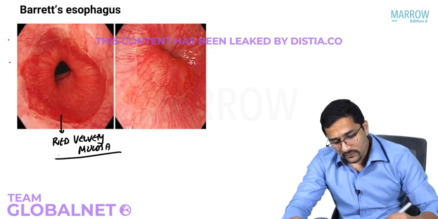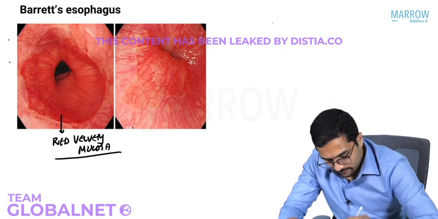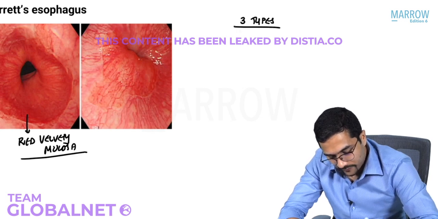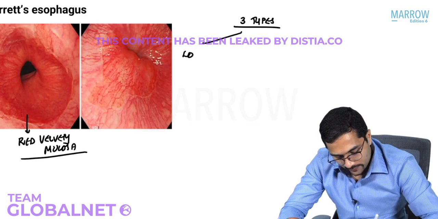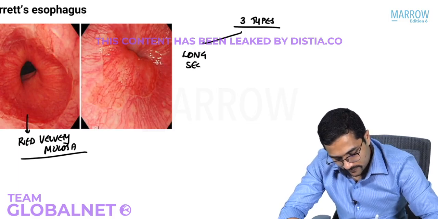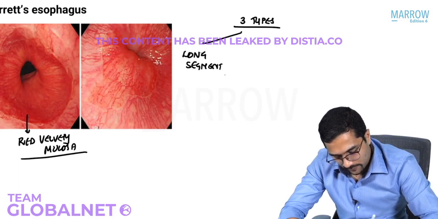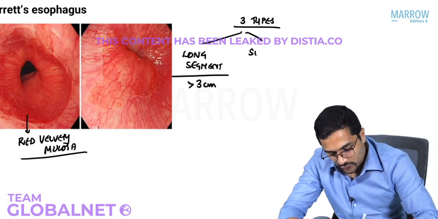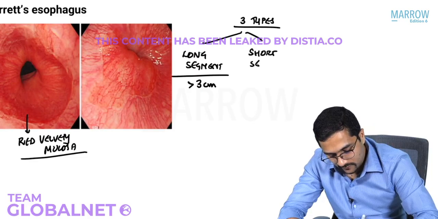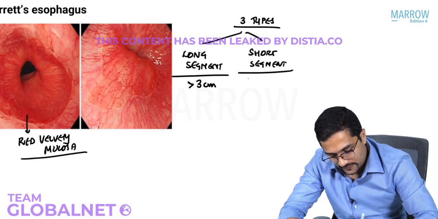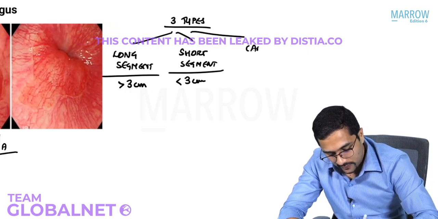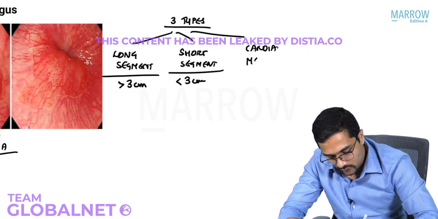biopsy from. Now there are three types of Barrett's esophagus. You have a long segment Barrett's esophagus, which is more than 3 centimeters. You have a short segment Barrett's esophagus, which is less than 3 centimeters. And you have cardia metaplasia, which is microscopic.